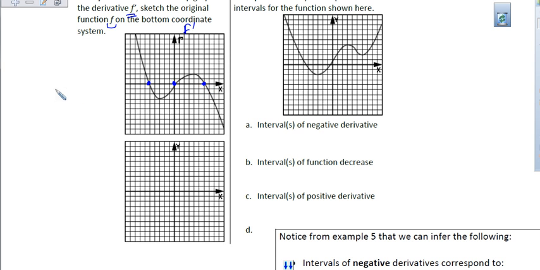So anytime we have a 0, it's going to indicate that we either have a point where the graph is increasing to the left and then decreasing to the right, or it could be the opposite, right? It could be a decreasing function with a negative slope and the 0 right there, and then on the right hand side of that the function is increasing.